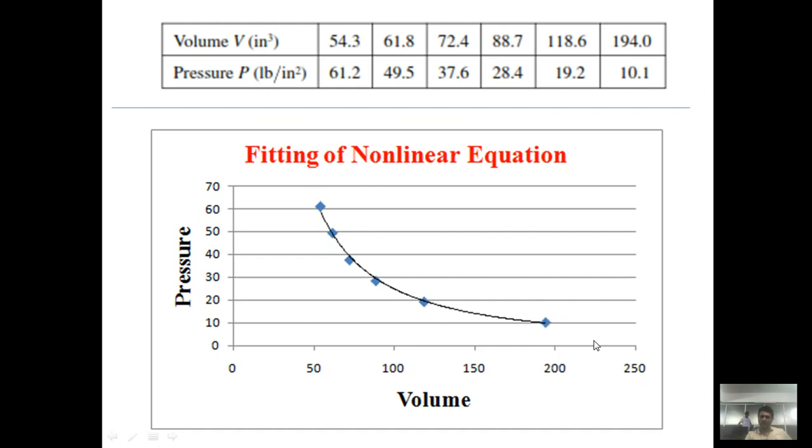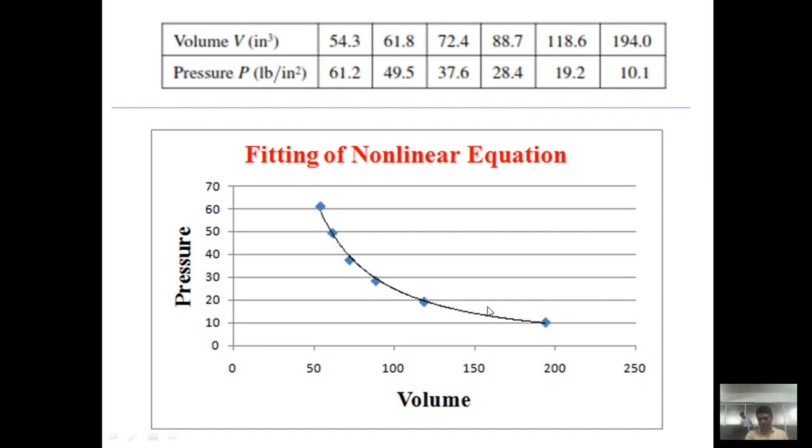And now our aim is to fit an exponential or logarithmic curve. These are actually non-linear equations, but by using a suitable transformation we convert them into linear form. Then we apply the strategy of the least square line, and finally we fit this non-linear equation.